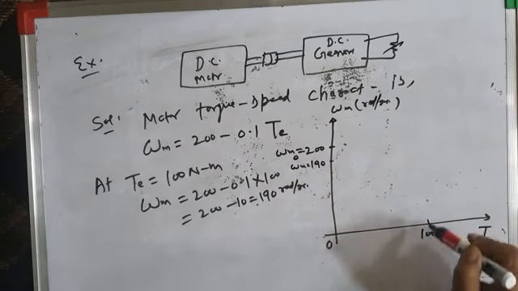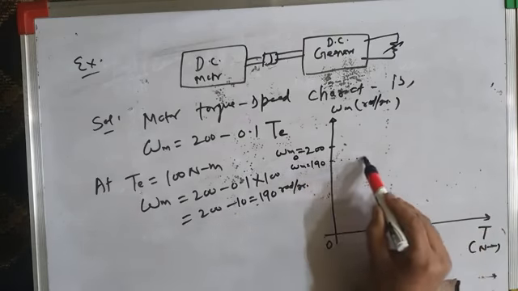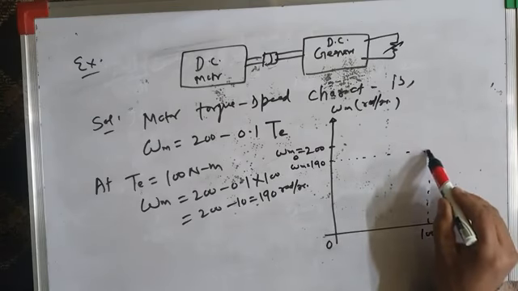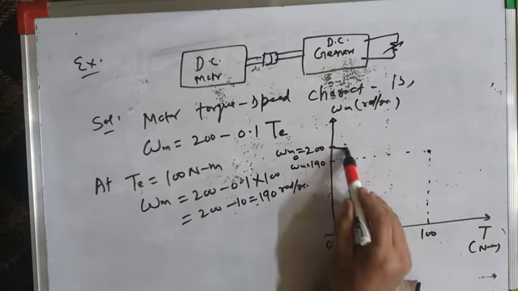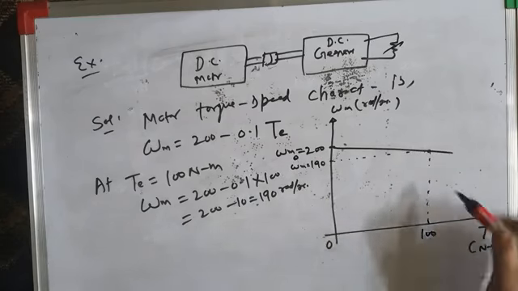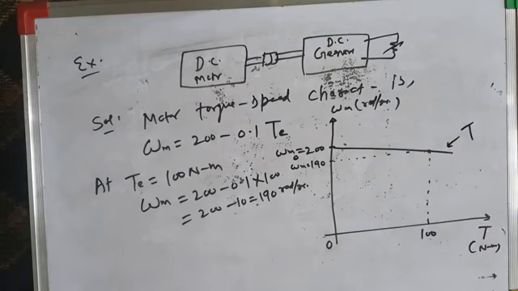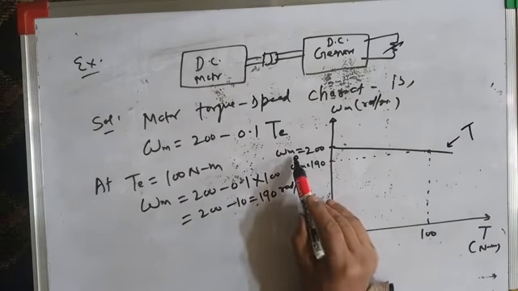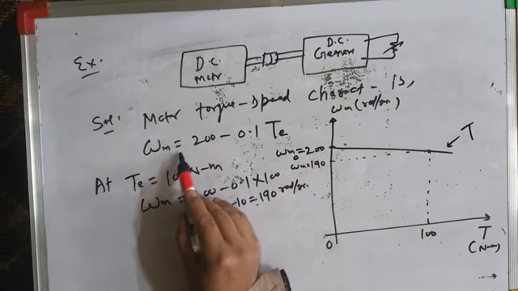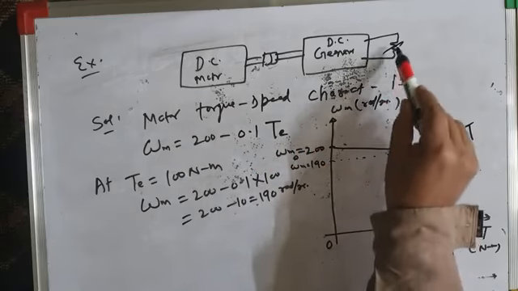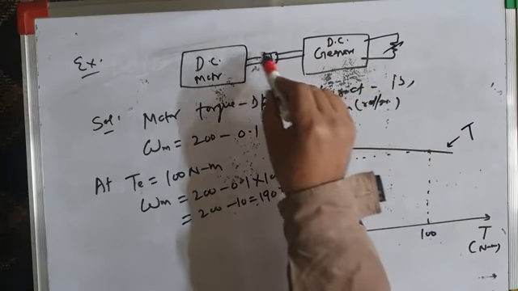If you take this point, this is the torque speed characteristic of the motor, which is represented by T. At no load, omega m naught, the no-load speed, is 200 radians per second as per this equation. As you increase the electrical load on the generator, the mechanical load on the motor increases.